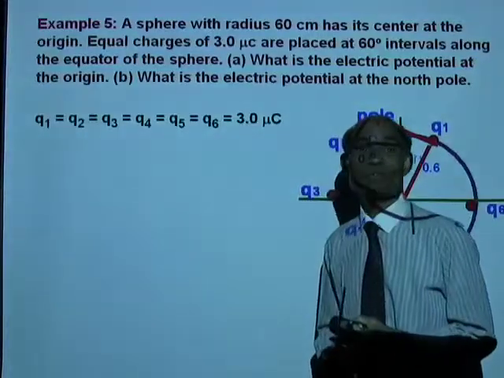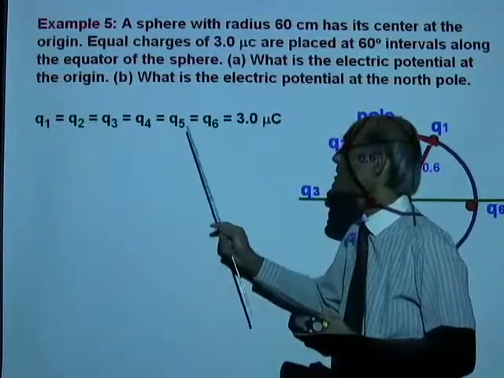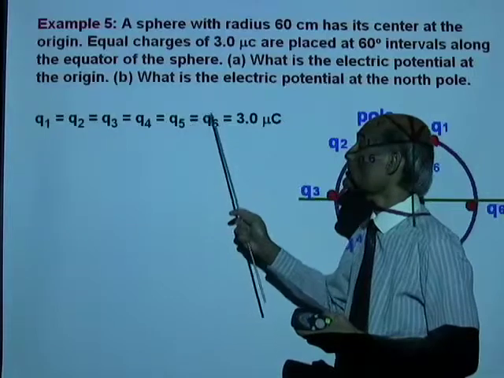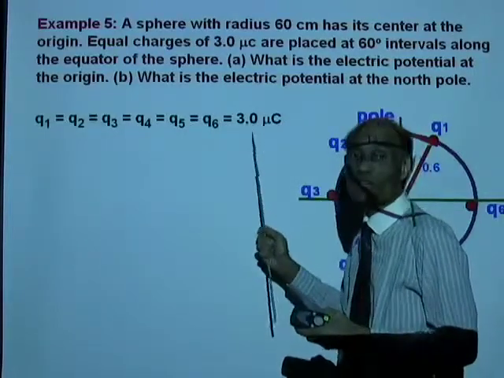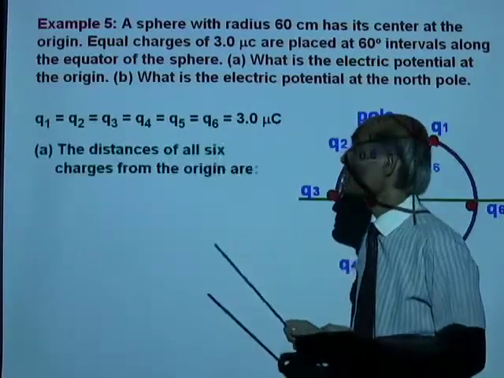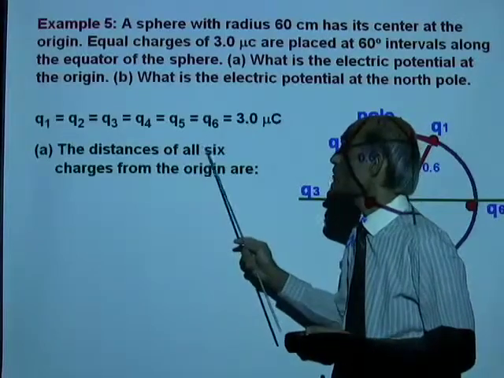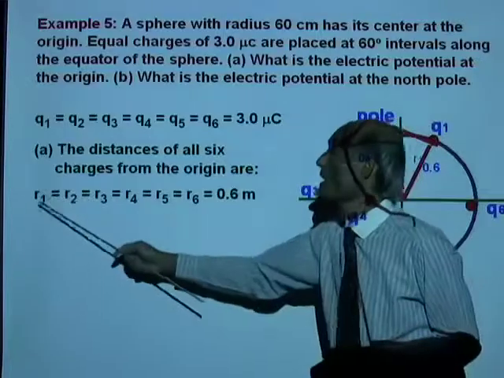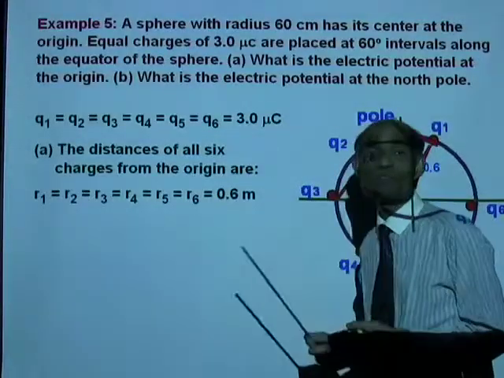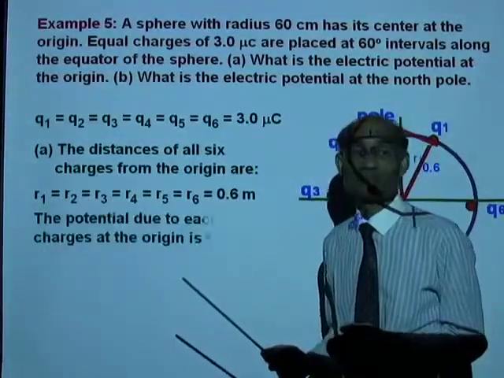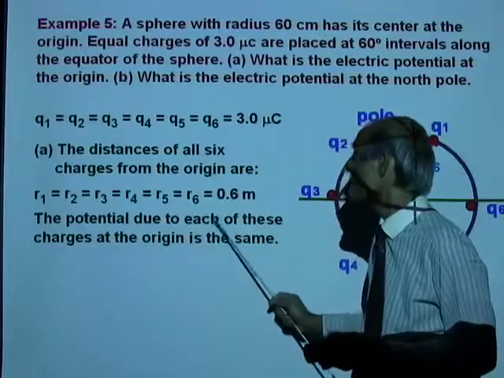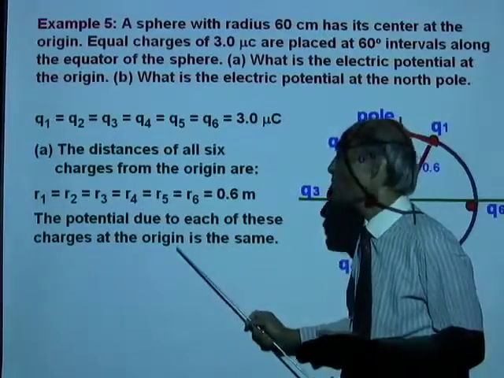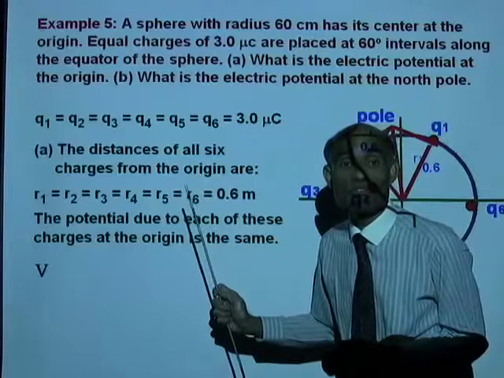So Q1 equal to Q2 equal to Q3 equal to Q4 equal to Q5 equal to Q6 equal to 3 microcoulomb. The distances of all 6 charges from the origin are all equal to 0.6 meter. The potential due to each of these at the origin therefore is the same.